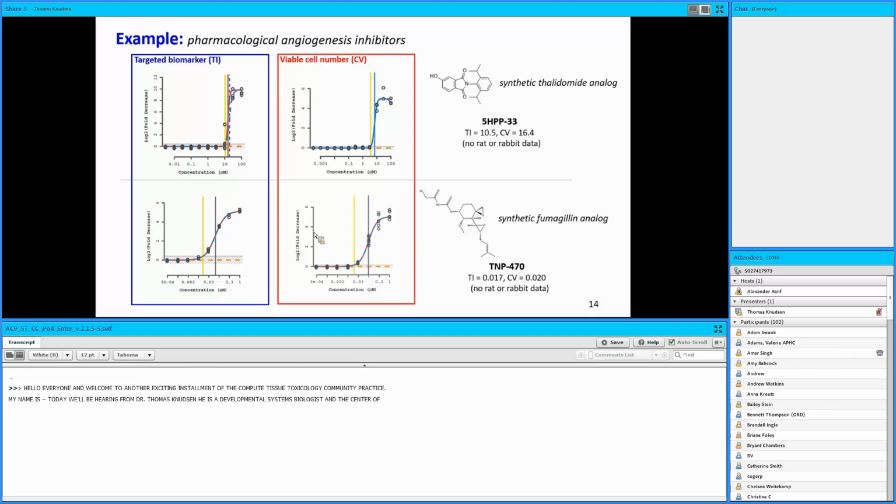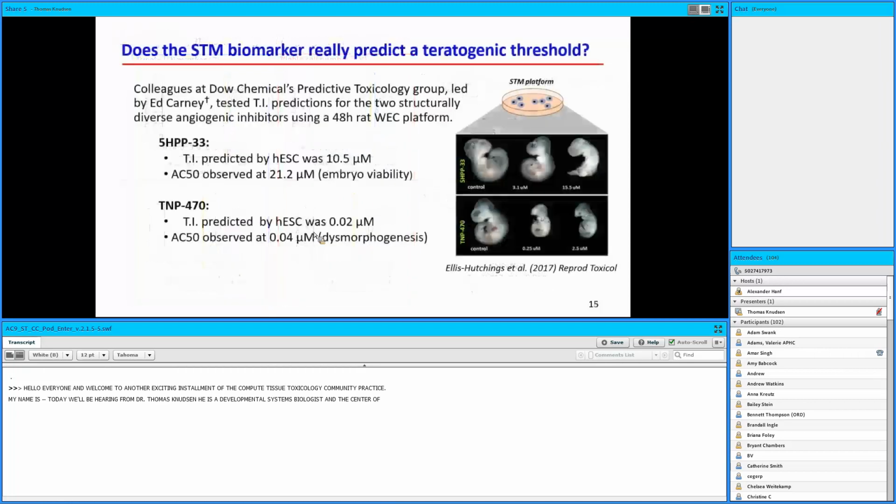Both of these compounds were predicted by the assay to be developmentally toxic, but at quite different levels. 5-HPP33, its teratogenic index was around 11 micromolar, whereas TNP470 had a teratogenic index predicted at 17 nanomolar. And we didn't have any rat or rabbit data to compare these compounds too in terms of their potential in vivo toxicity.